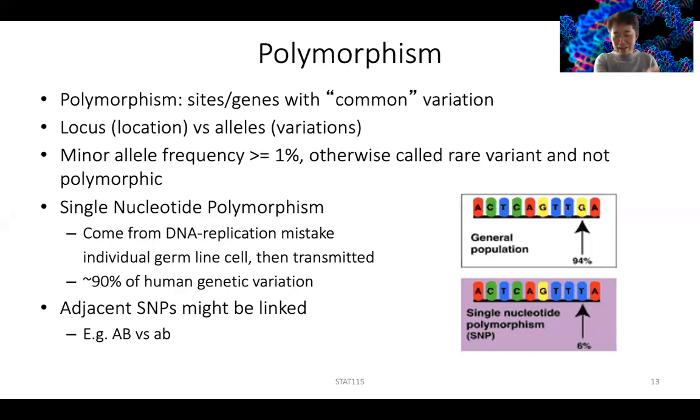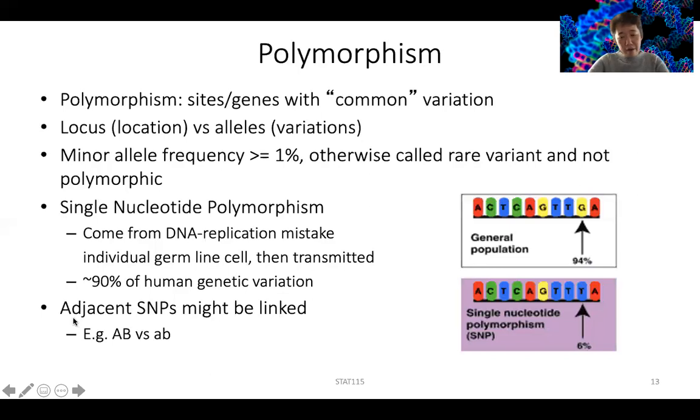It just by chance created that mutation. And that sperm is fertilized to make a baby. And this exists in the population, but for some reason, this particular baby had a lot of offspring. And now it's 1% of the population. It still happens, right? So this is usually transmitted from the germline. And this accounts for, you can see, 90% of the genetic variation.